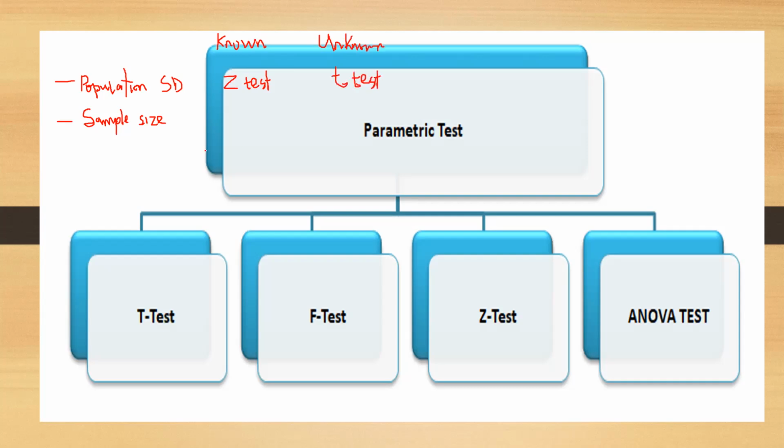Hello? Hello, sir. Good. Number two, if your sample size is greater than 30, you use your z-test. If your sample size is greater than 30, that's when to use your z-test.